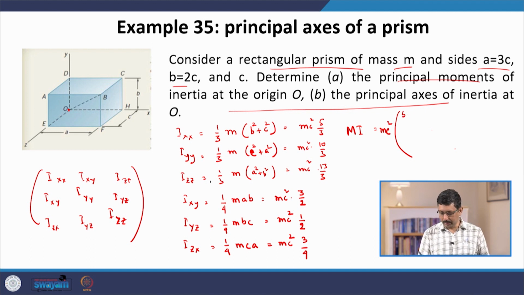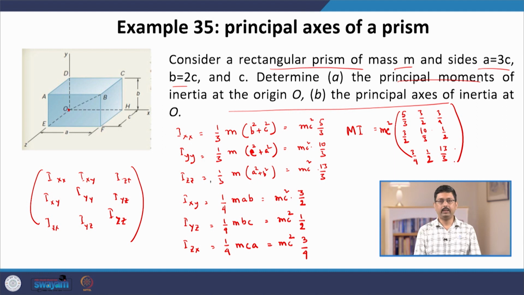Now for all the terms the mc square part is common. So the first term is 5 by 3, the second yy term is 10 by 3, the third term is 13 by 3, the xy term is 3 by 2, the yz term is half, and the zx term is 3 by 4.